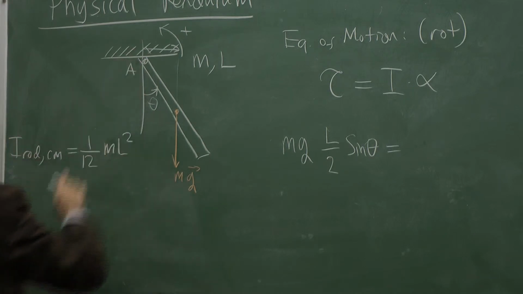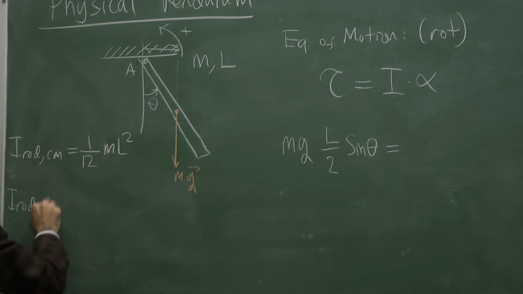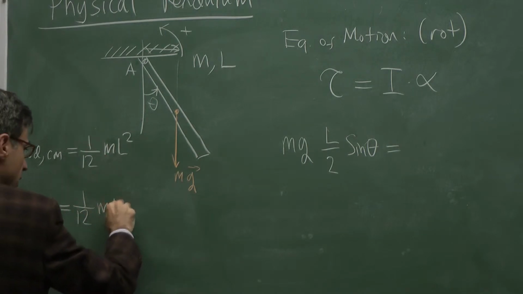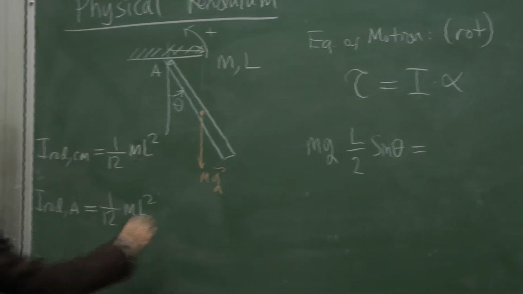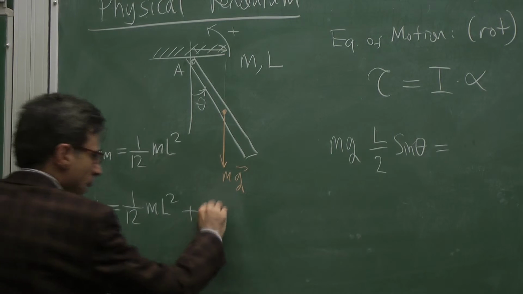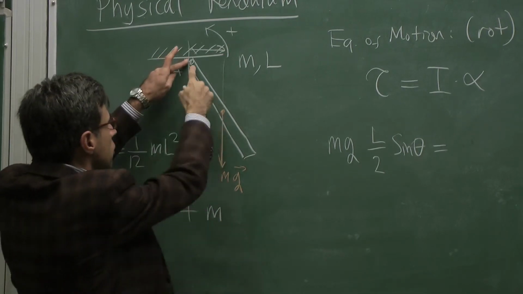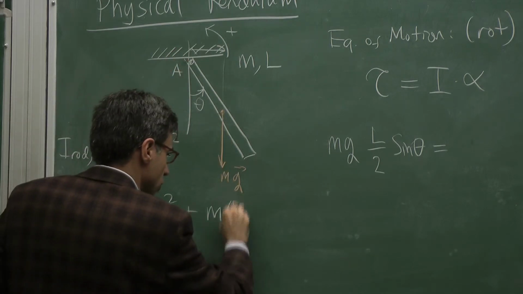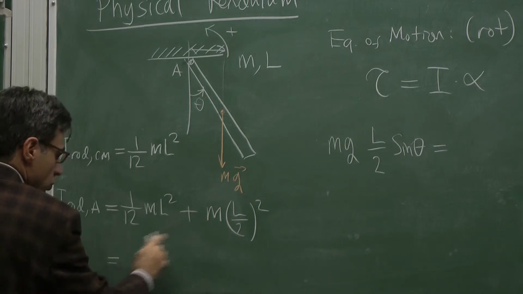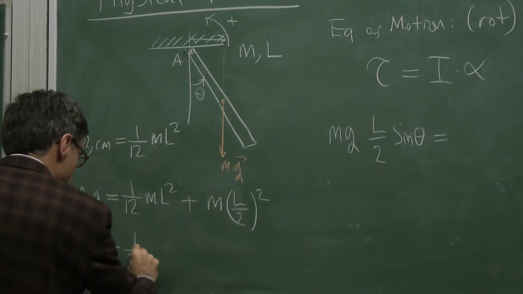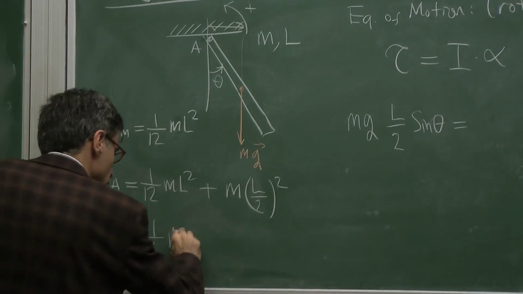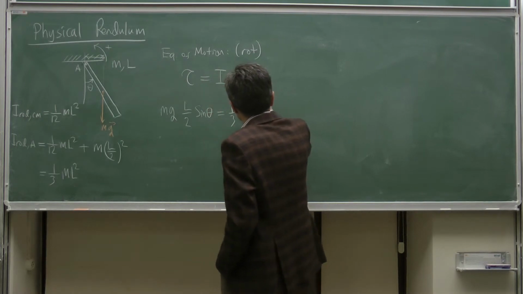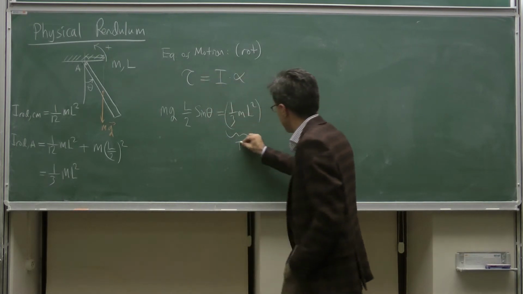Let me call this point A. Then I of the rod with respect to point A is the moment of inertia for the center of mass plus, using the parallel axis theorem, m times the distance to the center of mass, which is L over 2, squared. So you add these two quantities and you end up with 1/3 mL squared, which is I, times alpha.